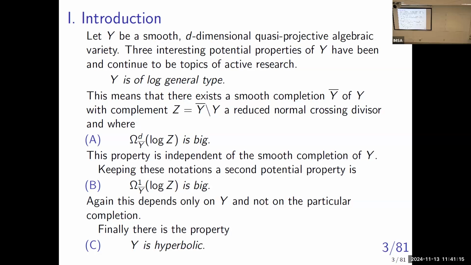Or the way that it will be used today is whenever you have a vector bundle, you can take the corresponding projective bundle. So the fibers are the duals of the projective spaces of the original bundle. You have the standard line bundle called O of 1 on the total space of the projective bundle, and that should be big in the sense of line bundles.